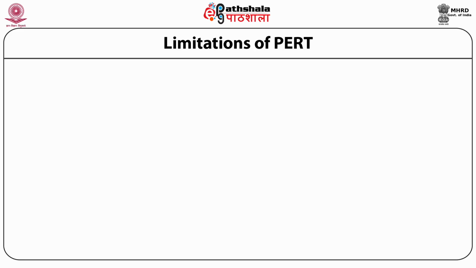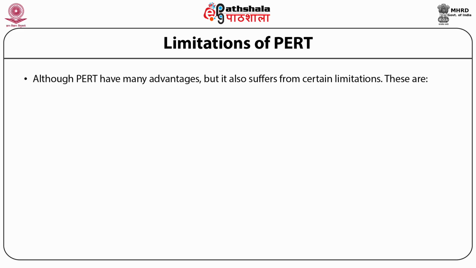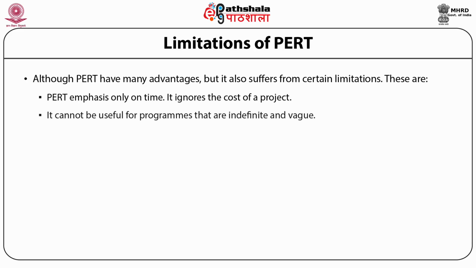Limitations of PERT. Although PERT has many advantages, it also suffers from certain limitations. These are: PERT emphasizes only on time. It ignores the cost of a project. It cannot be useful for programs that are indefinite and vague. Assumption of normal probability distribution is not true.